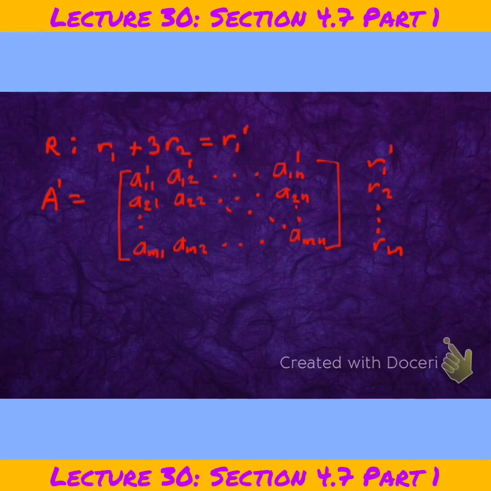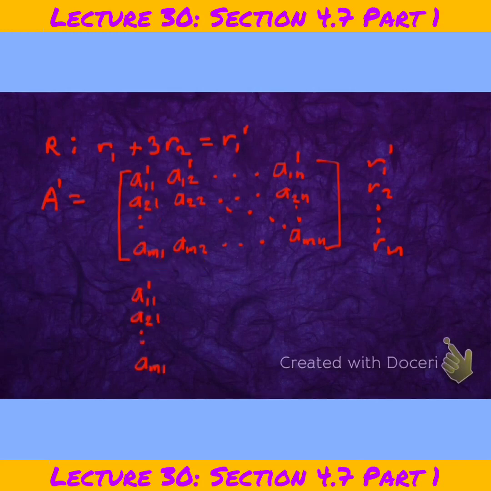We take that separately, and we want to answer the following question. We want to show that the first column and the second column of A prime are linearly independent.